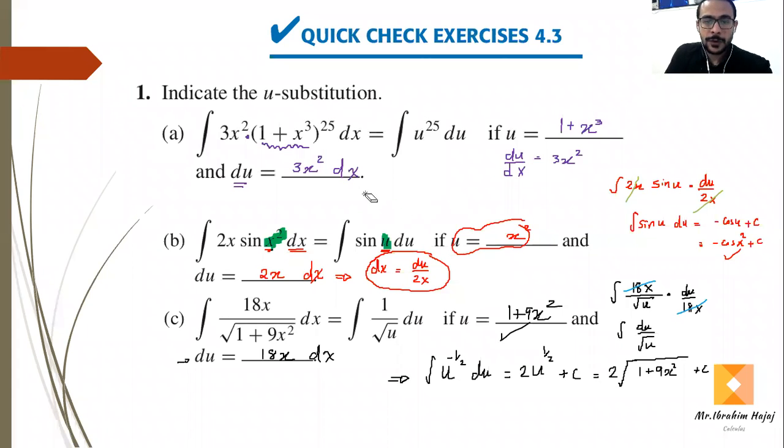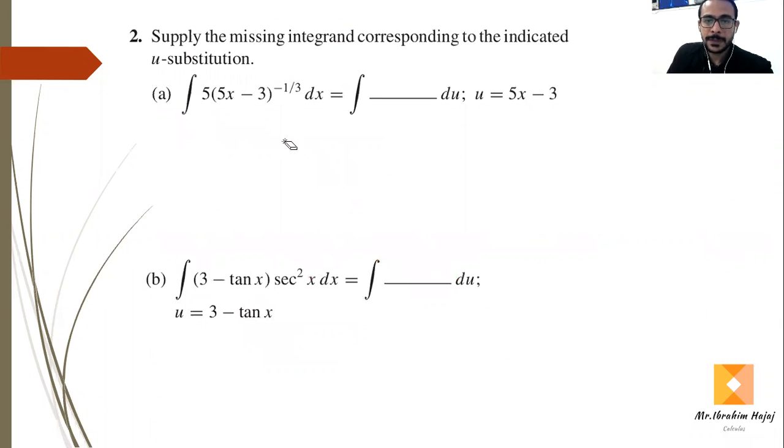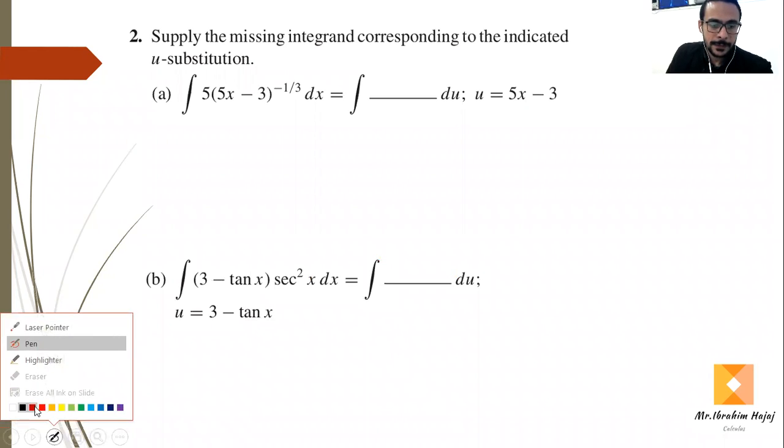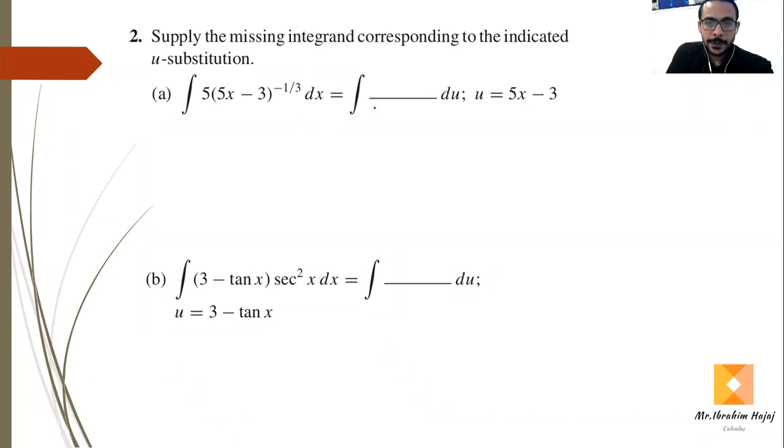Next question, the same way. We have to supply the missing integrand part corresponding to the indicated u substitution. Yes, Omar. What's the value of u, Omar? u is given as 5x minus 3, the inner function inside the parentheses.